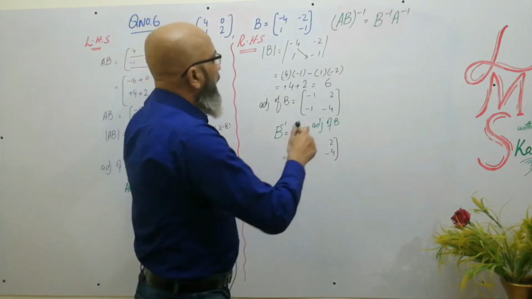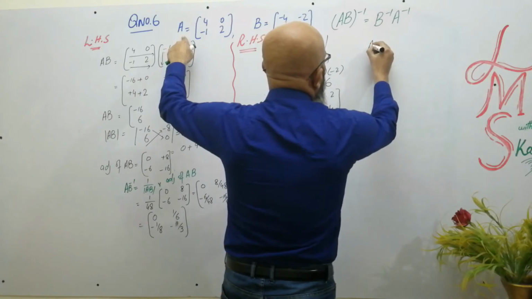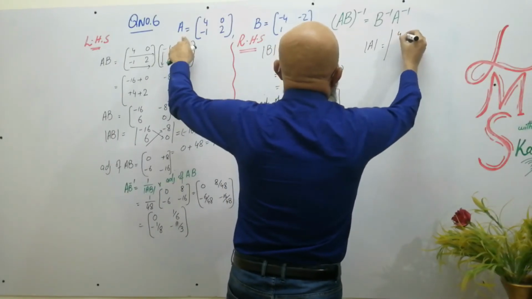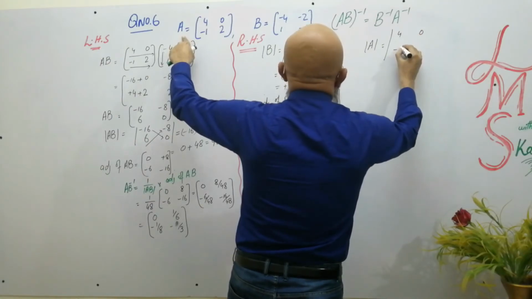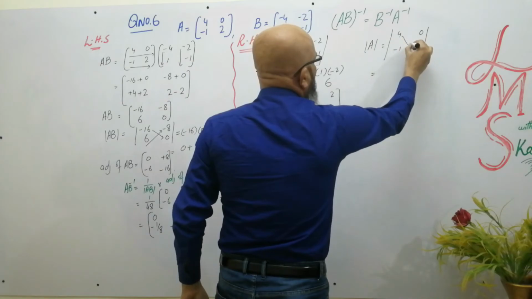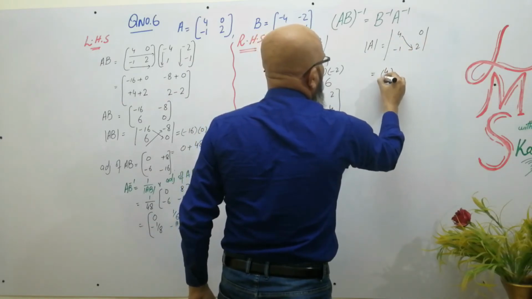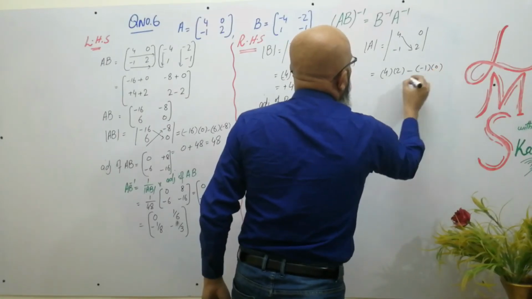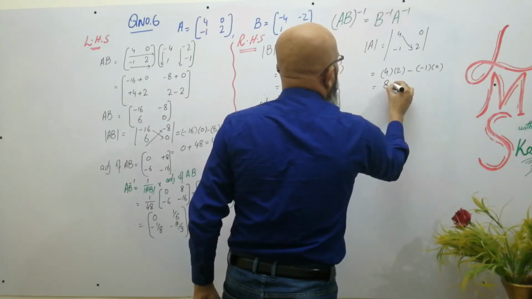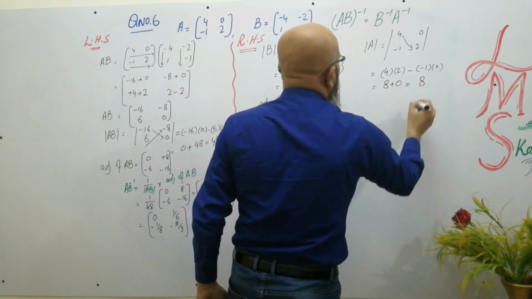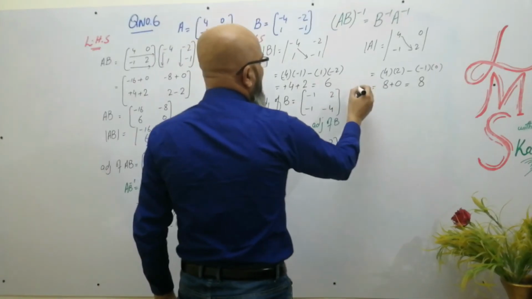What is A? A is this one, so A determinant is 4, 0, minus 1 and 2. Multiply this one, 4 into 2's minus 1 into 0, 4 2's are 8 minus 0. So it means 8 is your A determinant.